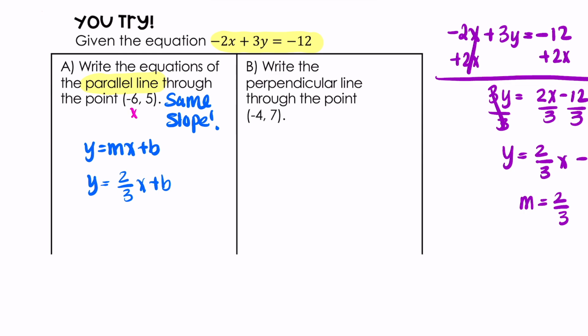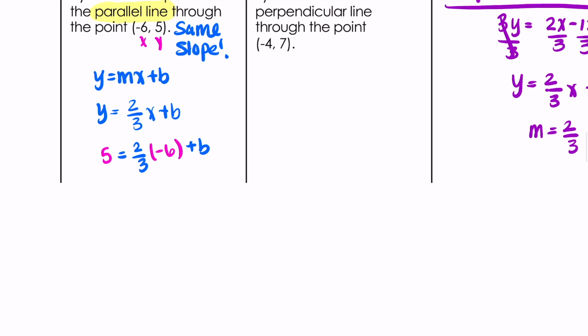If I look, this is an x value, and that's a y value. So we're going to plug in those values to solve for our y-intercept. So we're going to get 5 equals 2/3 times negative 6, and then we're going to add a b value. So now if I do 2/3 times negative 6, that gives me a negative 4.